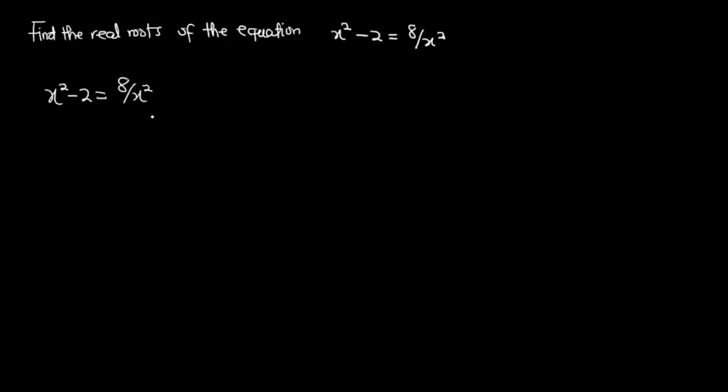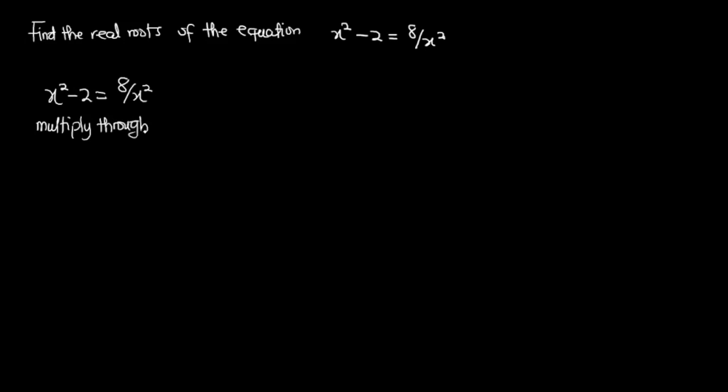Alright, so from here, the first thing we need to do is to get rid of the denominator over here, because we want to rearrange it to get a quadratic equation before we can proceed to solve. So I have x squared as the denominator over here. So if I multiply through by x squared, I can get rid of the x squared over here.